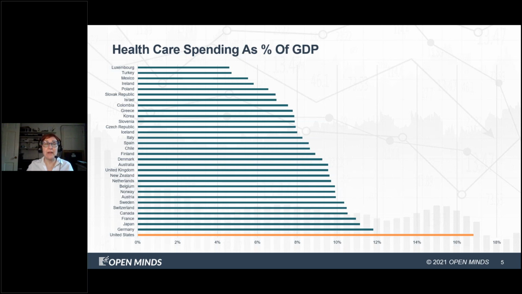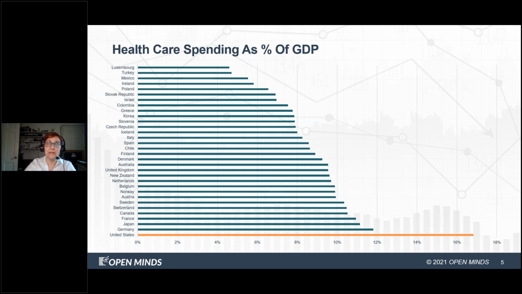But you can see that for the European countries, we are way outside of what one would think is normal, right? So we're definitely a few standard deviations above the mean here in terms of how much money we spend on healthcare. So when people hear this, they often say, we spend a lot of money on healthcare, but our outcomes are bad.